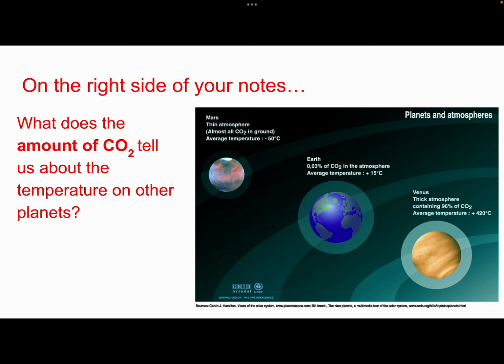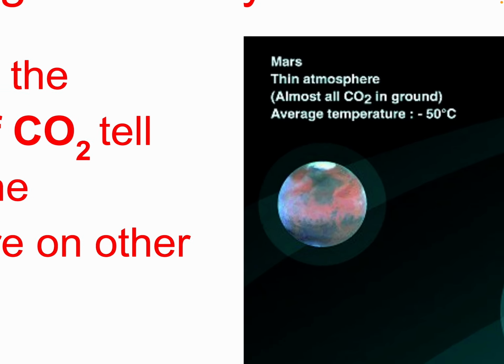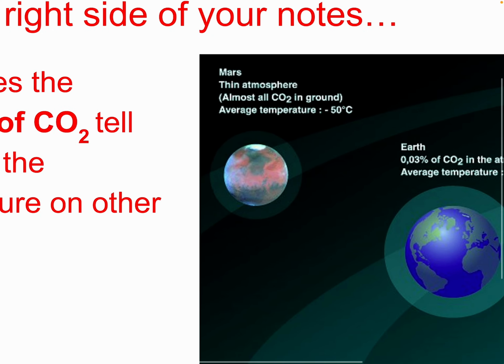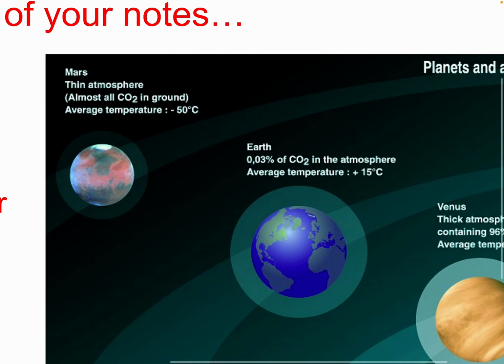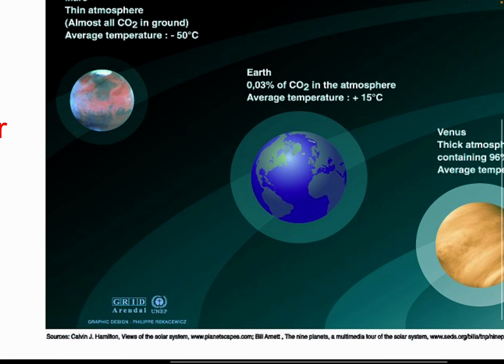Okay, so here's an example. It says, what does the amount of CO2 tell us about temperature on other planets? Well, if we look at these 3 planets, here's Mars. It's got a very thin atmosphere. Almost all the CO2 is in the ground. There's no carbon dioxide or greenhouse gases in the atmosphere. It's got a temperature of minus 50 degrees, very cold. Here's the Earth. 0.03% is carbon dioxide in the atmosphere, and we have an average temperature of about plus 15 degrees Celsius.